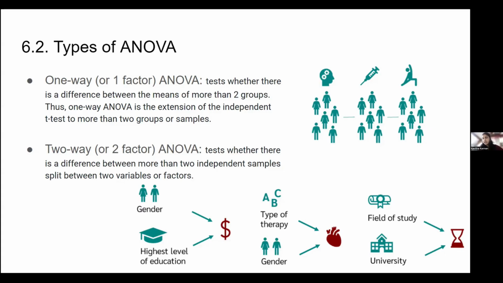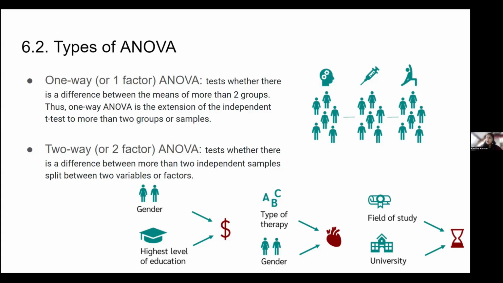Here there are two factors: one is gender, and the second is the highest level of education. Maybe some completed a PhD, some a bachelor's, master's, or high school. And both factors are affecting their income, their salary. So when two factors feed into the question you're looking at, you use a two-factor ANOVA.